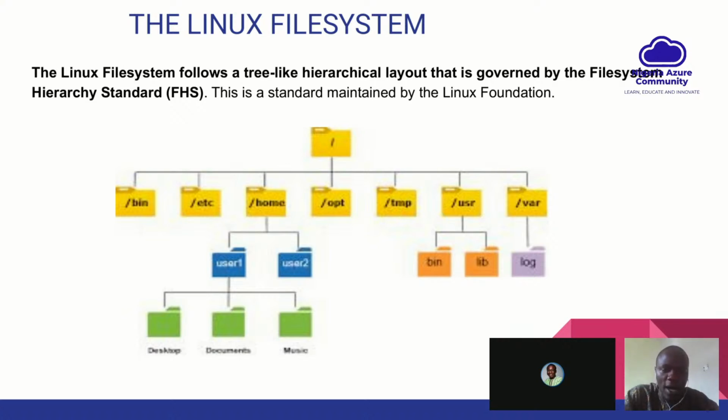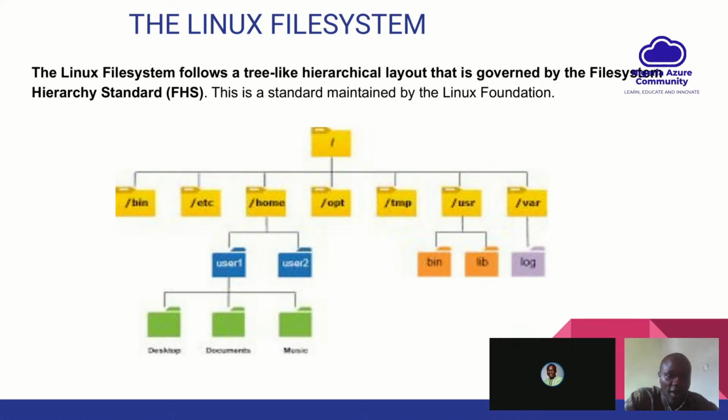This directory is actually not the slash directory, but it's the root directory. Now, under this root directory, we have other directories such as the /bin directory, the /etc directory, the /home directory, the /opt directory, the /tmp directory, the /usr directory, the /var directory.